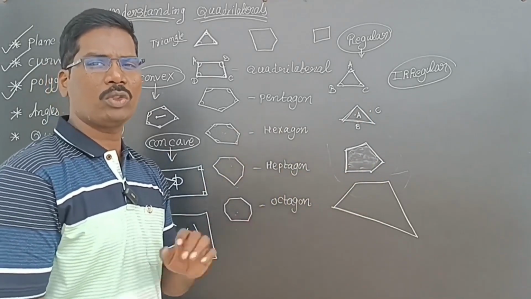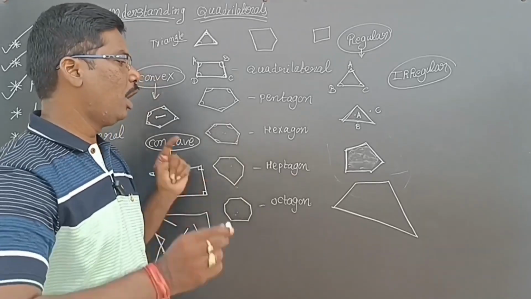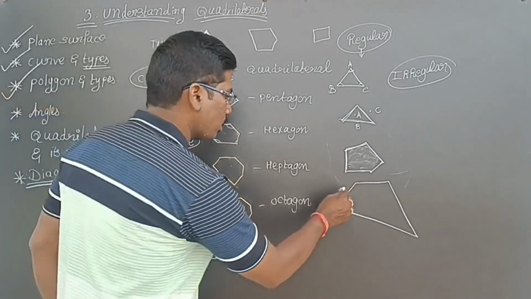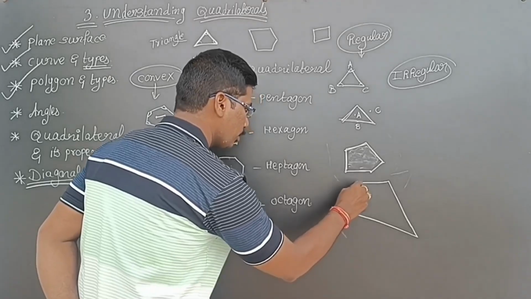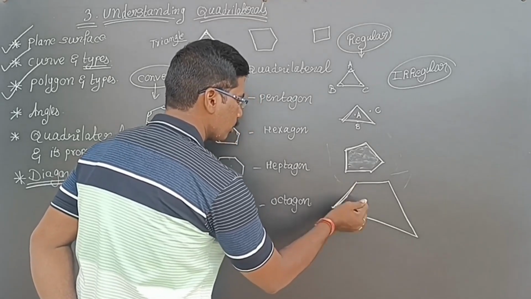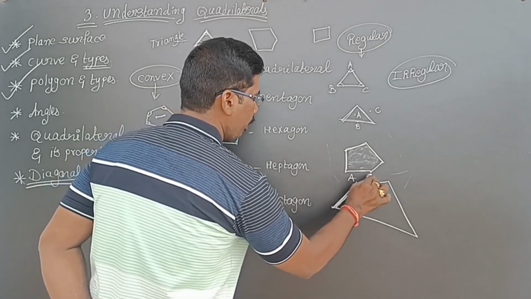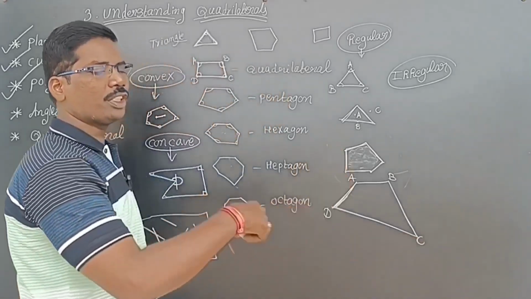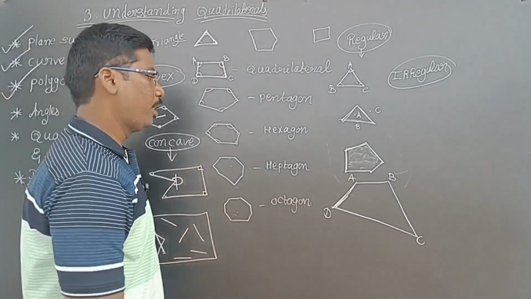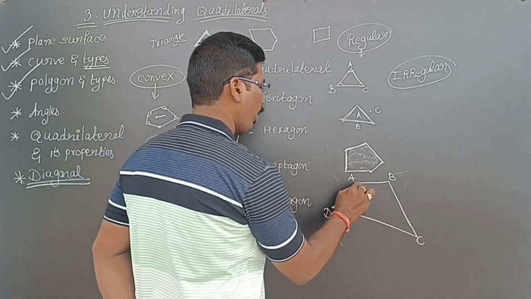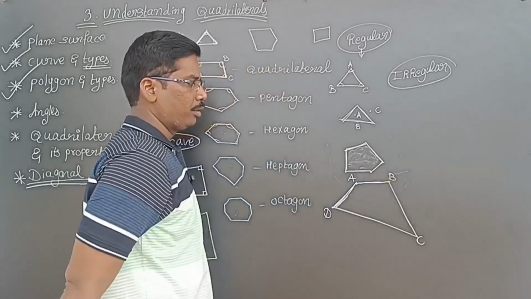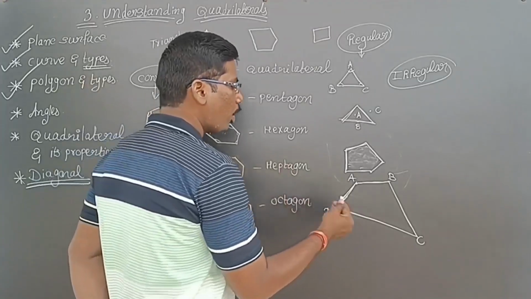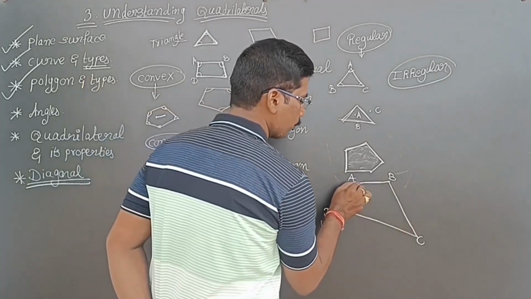We can say the polygon's name is quadrilateral because it has 4 sides. Now I want to find the diagonal. So A, B, C, D. Now from the vertices I want to draw a diagonal. See here, from A to B, I have drawn a line segment. It is a side. Now I want to draw A to C.